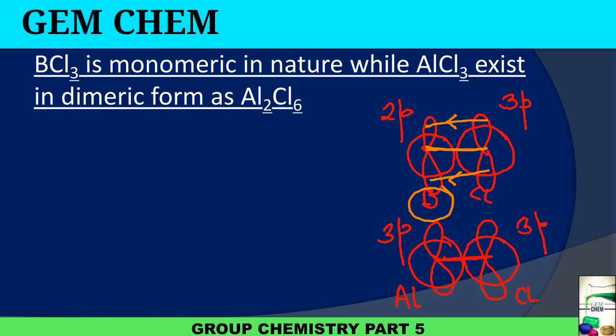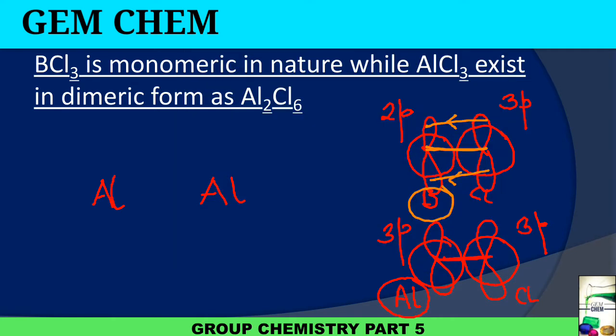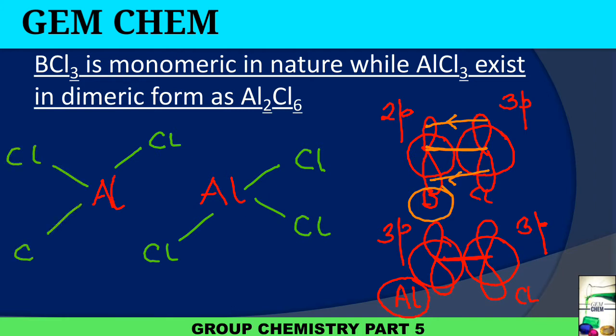So there is no compensation of the deficiency present in aluminium, as a result of which it forms a dimer. So we have an aluminium, another aluminium, and a chlorine attached on this side, whereas on this side there are 2 chlorines, one chlorine here, one chlorine here.